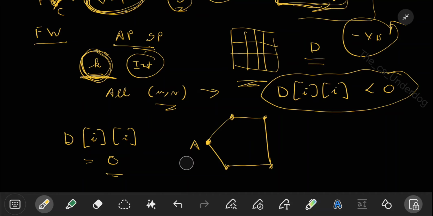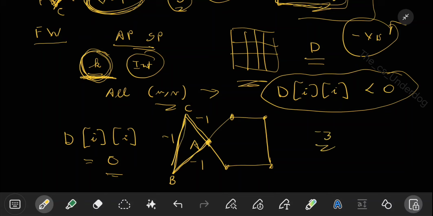The reason is, just think about this. If I have this vertex A here, and if there is a cycle available here, think of this as a cycle and this is a negative weight cycle, okay? A, B, C, this is having -1, -1, -1. So if you just traverse through this cycle, you will get value -3.